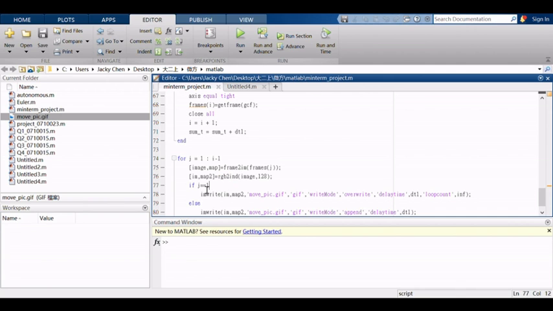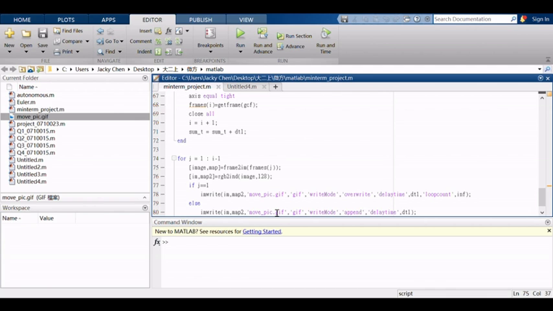And if j equals 1, we write it as a GIF. And the loop count is infinite, meaning that we can always see the cycloid, and else this time we write it to GIF2, but every time we update it again, and we can see the ball continues to move.